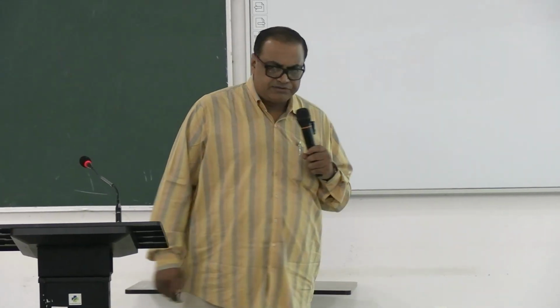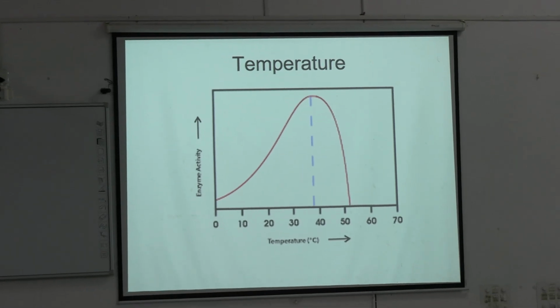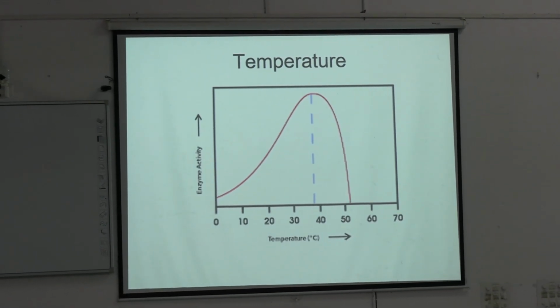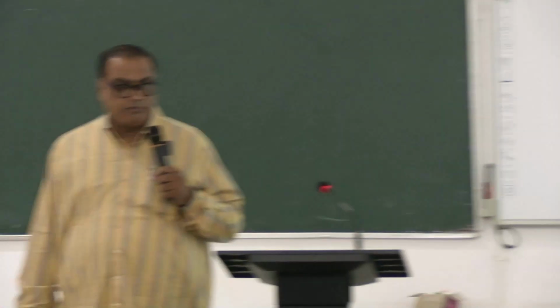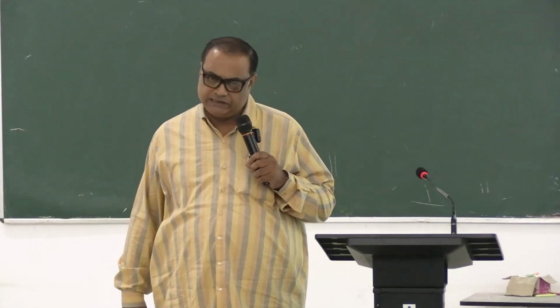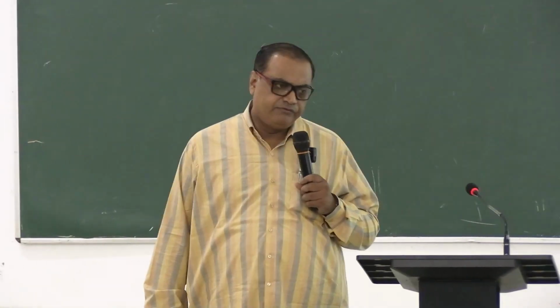Right. Next comes temperature. As we know, our body temperature is maintained at 37 degrees Celsius roughly. So all enzymes must function optimally, not maximally, optimally at 37 degrees Celsius. Correct? Otherwise, we won't be able to digest or metabolize any of the food.